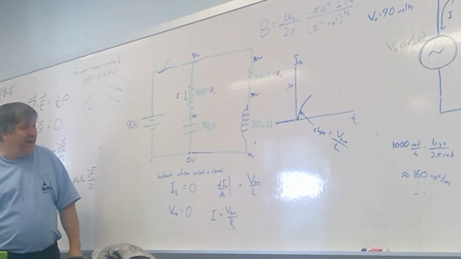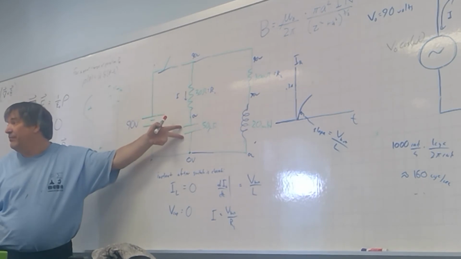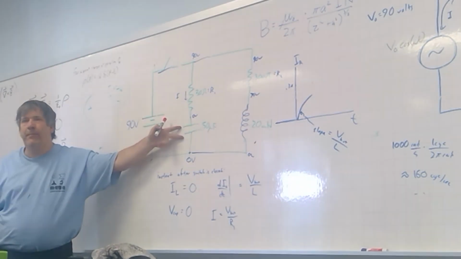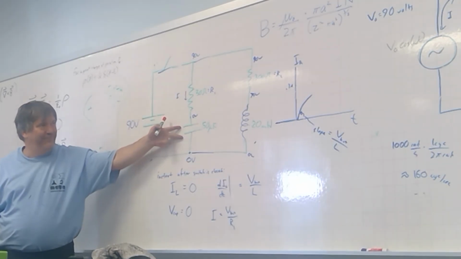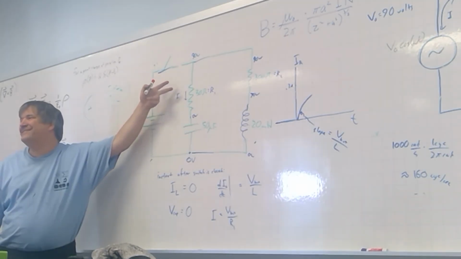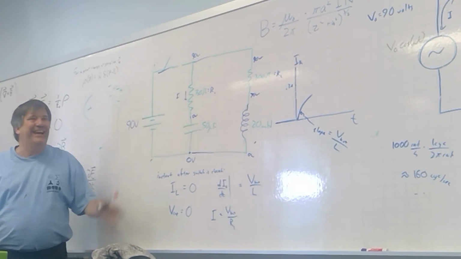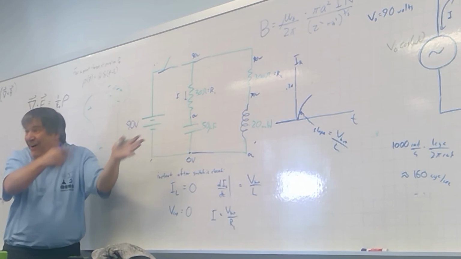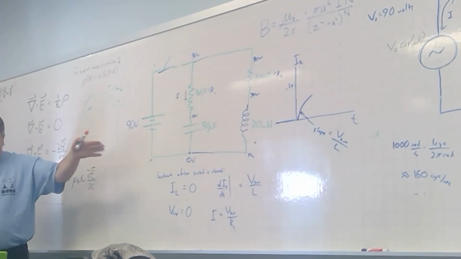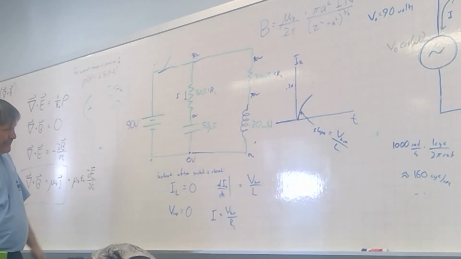And finally, what's the current through the capacitor? It's the same as the current through the resistor because they are in series with each other. And if capacitors don't look at a glance like something that's allowed to carry current, yes, they are, but you have to think carefully about what it means for the current to flow through a capacitor.